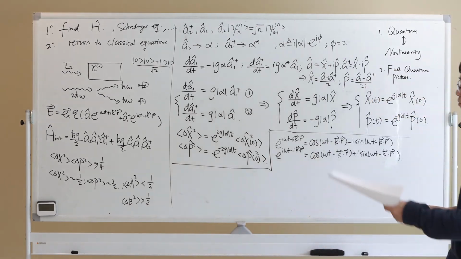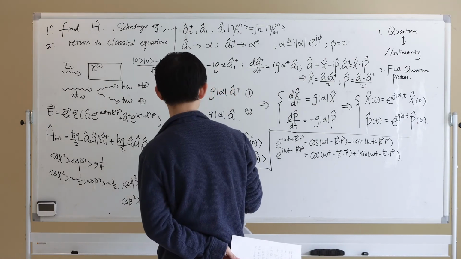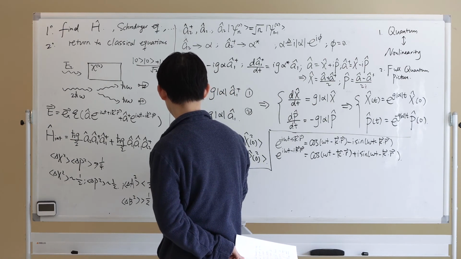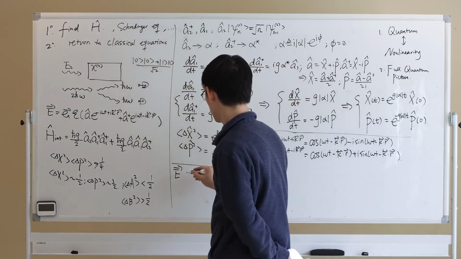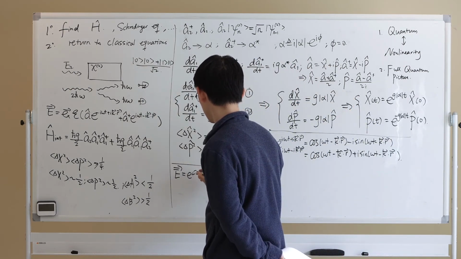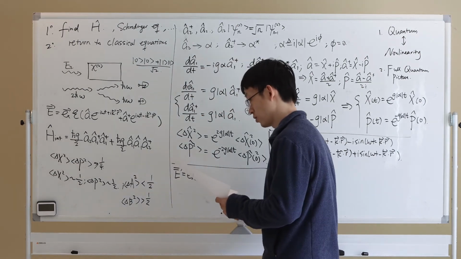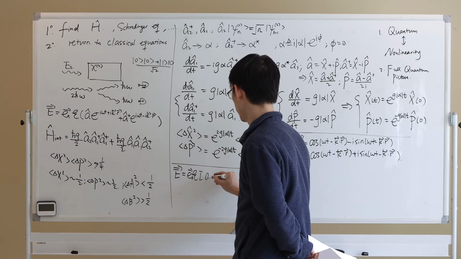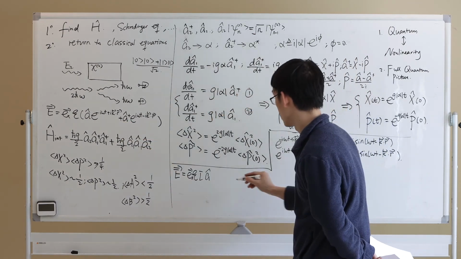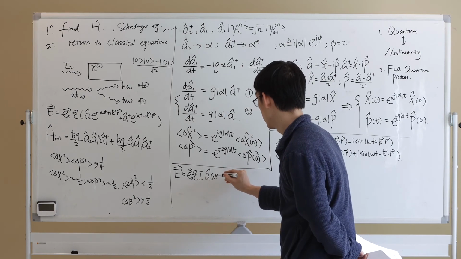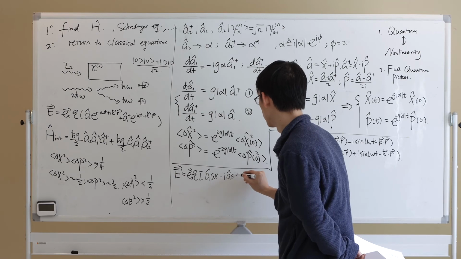So you plug that into your equation, your electrical field. What you have is A times this exponential, so it's cosine minus I sine. So A cosine minus I A sine.